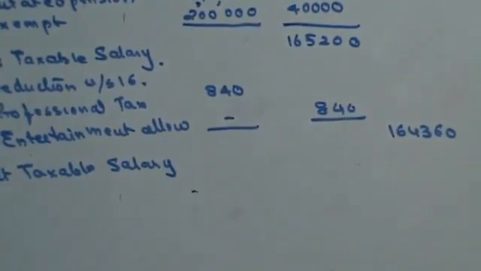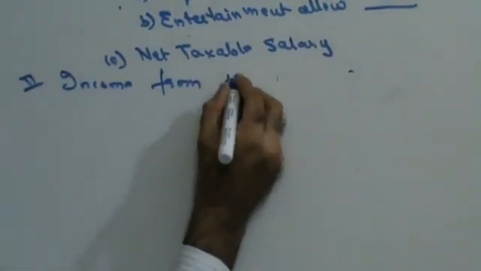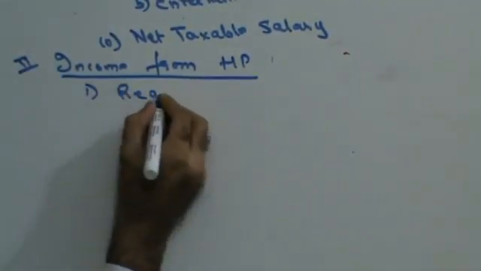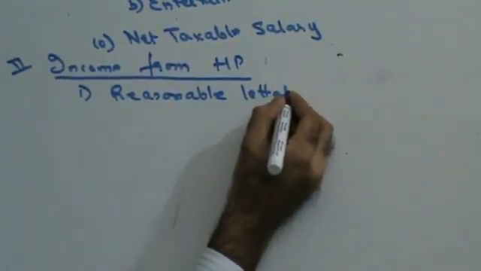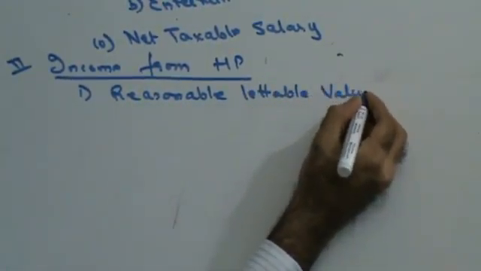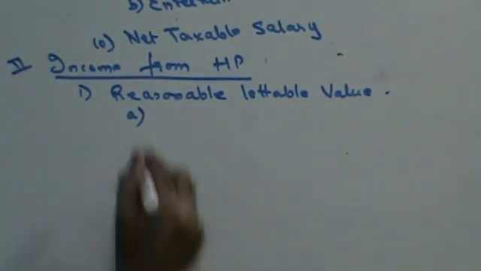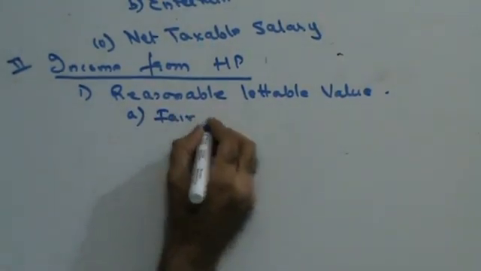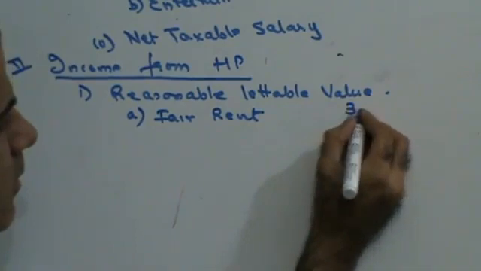Second, income from house property. Reasonable rental value. Now they've given you that fair rent is 30,000.